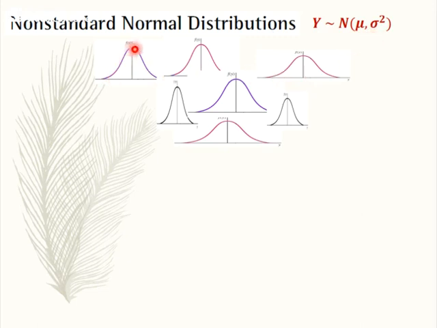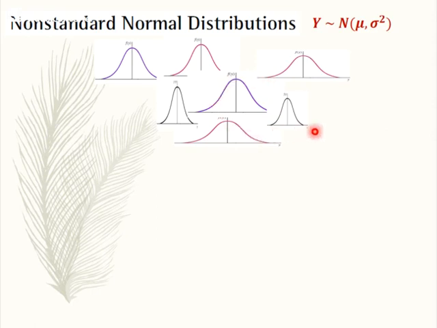So that results in all these different possible bell-shaped curves like these, where this mean might be something completely different from 0, and then the spread could be wider, it could be narrower, and something different from 1. So now the challenge here is, if you want to find probabilities, we don't have tables for non-standard normals.